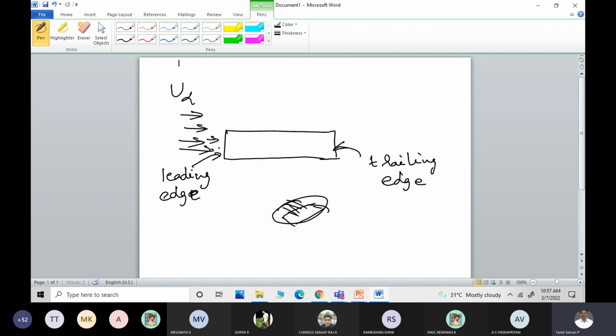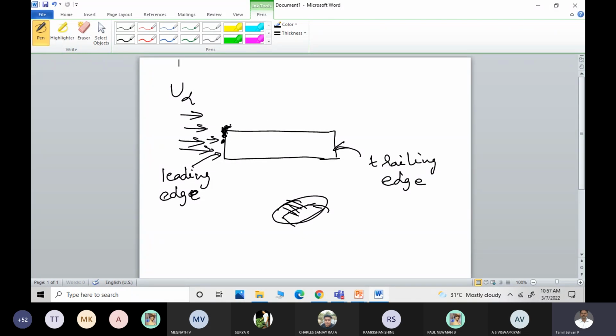Now what happens is, the fluid which flows at a velocity u infinity is stopped here, right? It is stopped here, so there will be a small escaping of the fluid particles. Since it is stopped, the fluid particles will try to move over.